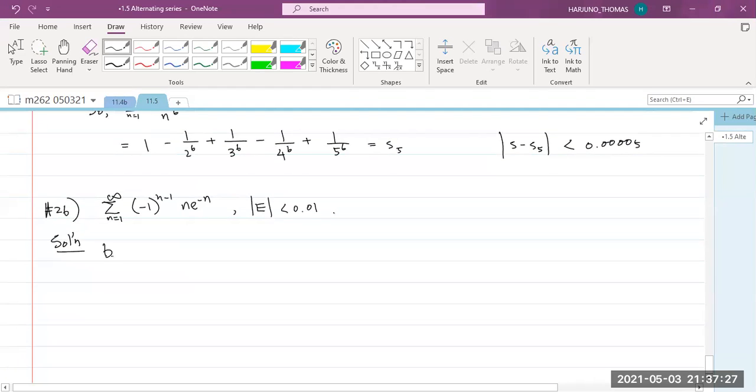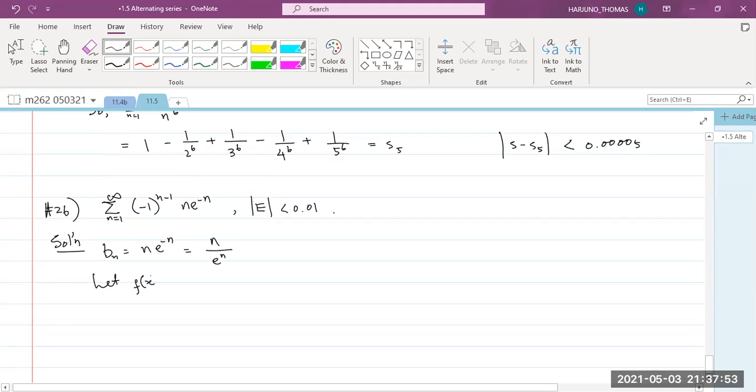So the positive term is n e to the -n. This is n over e to the n. How to show that this is decreasing and convergent to 0?